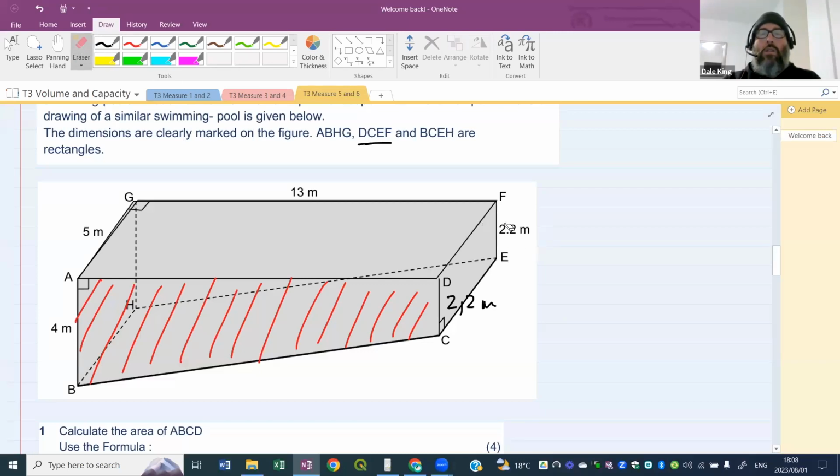Which means that FE and DC are the same because this is a rectangle. But on the other side of this quad over here, the line AB is 4 meters. So those 2 opposite sides are not the same. If this 4 meters was 2,2, it would be a rectangle. But unfortunately, this side's longer, so it can't be a rectangle.